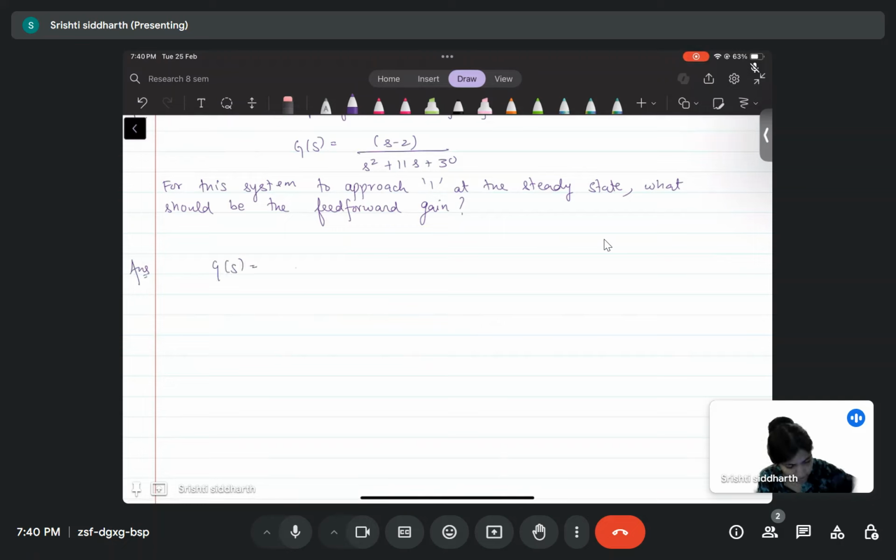Feed forward gain is denoted by P, so this is P times s minus 2 upon s squared plus 11s plus 30. This is the ratio Y of s upon the difference.